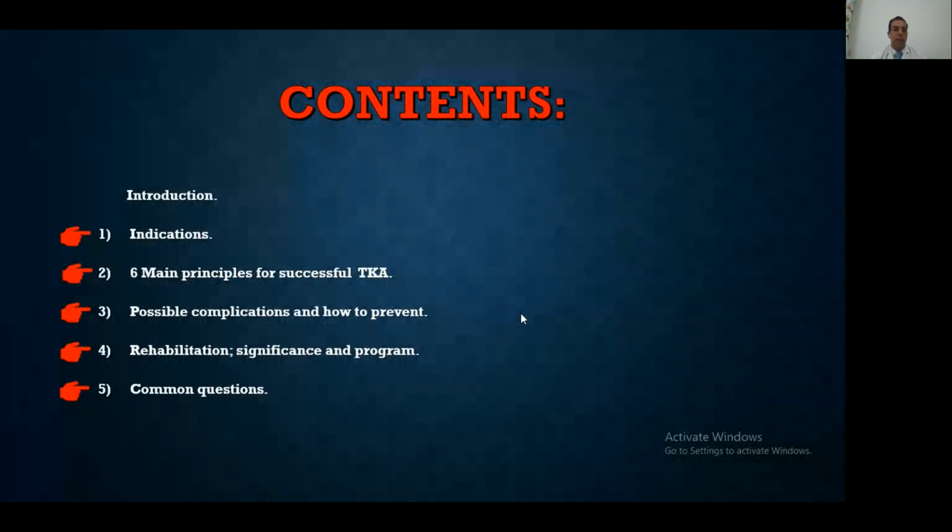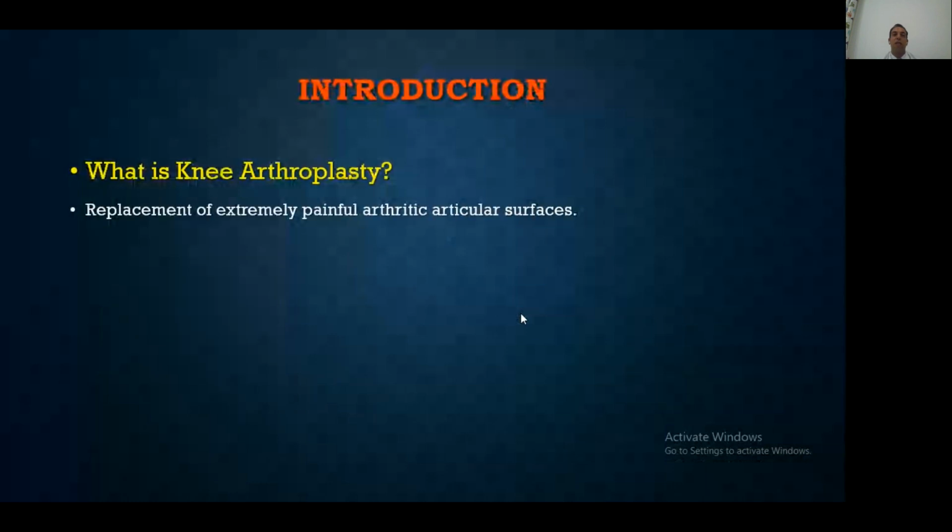We will speak about indications of total knee and main principles for successful TKA, and also possible complications and how to prevent them, and rehabilitation, which is very important after the operation, and then we will finish with some common questions. So let's start with the introduction.